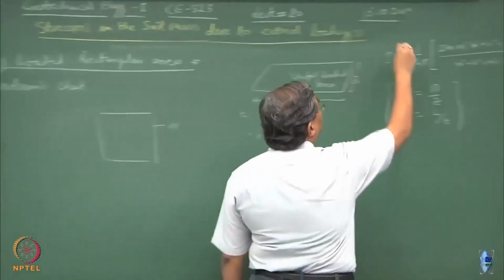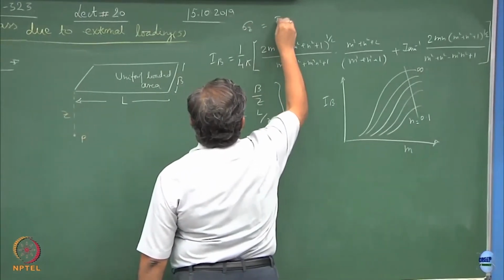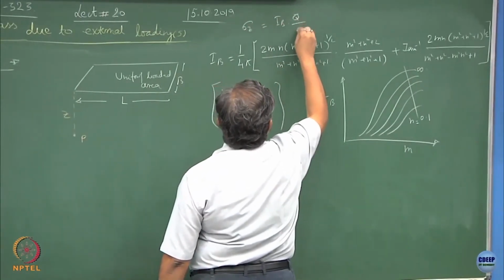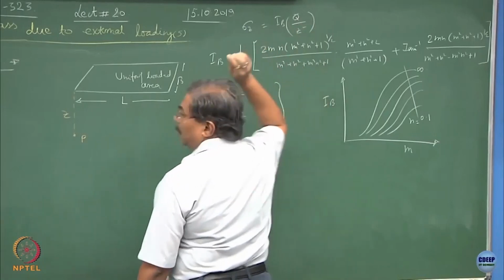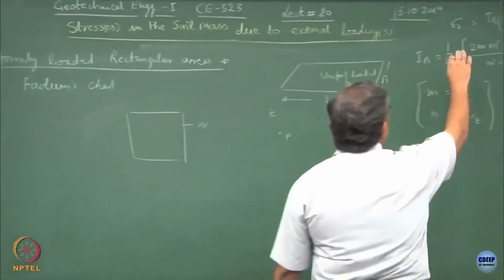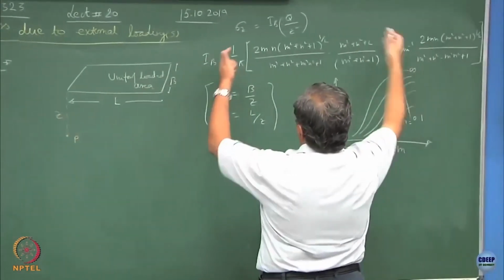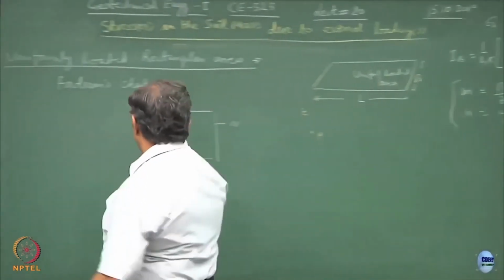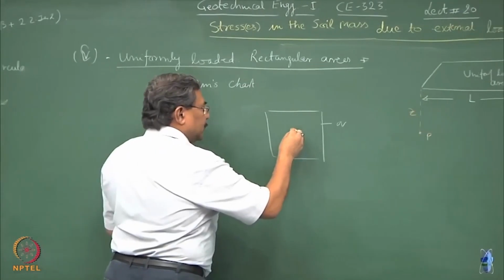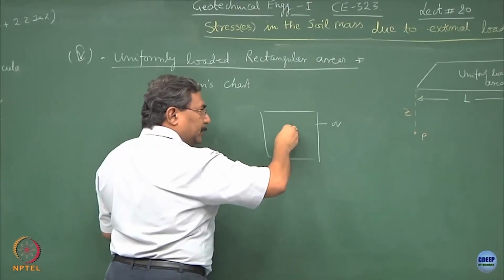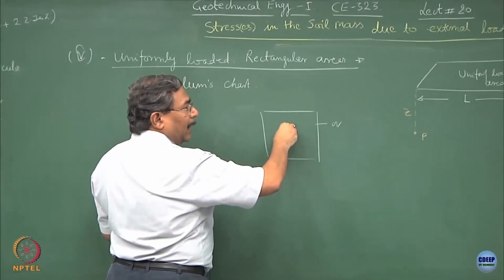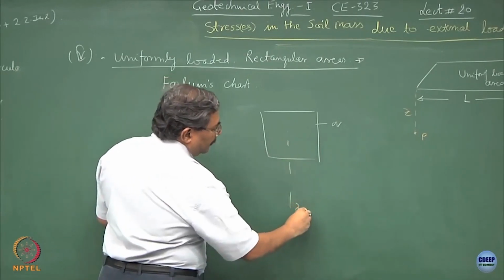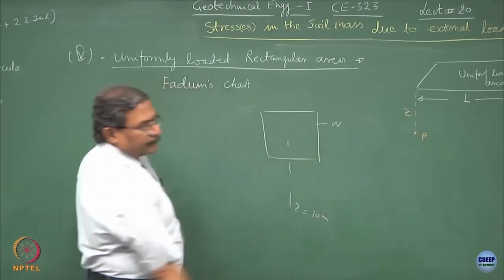I hope you remember that sigma z will be equal to IB into Q by Z square, clear. So, the moment you get IB from these charts or this equation, just substitute over here, you get the value of sigma z. Now, suppose I ask you to find out the state of stress just beneath the CG of this loaded area at a depth of, let us say, 10 meters.